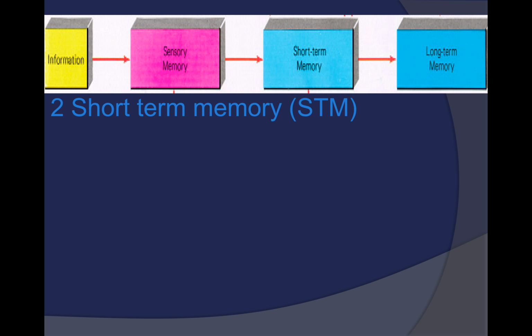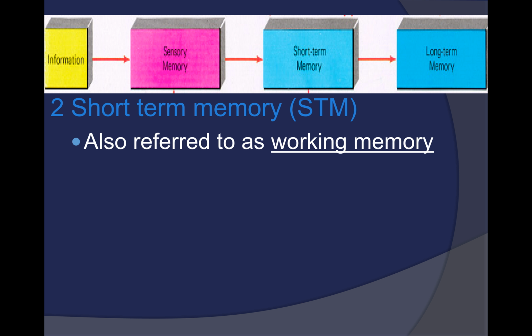Lots of information loss in that first phase, and according to 3-box or 3-stage theory, if it makes it out of sensory, it moves into short-term memory, which lasts somewhere around 15 to 25 seconds, and it's referred to as working memory, which is a great name for it because this is where you're working with information. Let's say that you're studying for an exam.